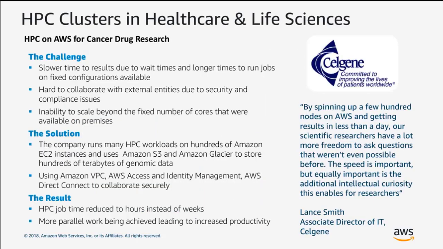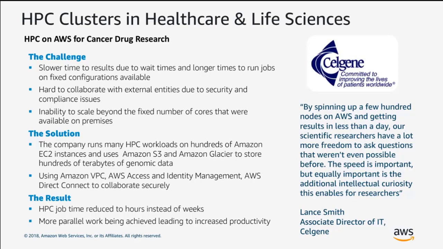And a customer that's done tremendous work in this area is Celgene. They had a number of HPC workloads that needed to be consolidated on AWS, of all different types and varieties. But they were primarily looking to store a couple hundred terabytes of genomic data for a number of studies that were taking place.